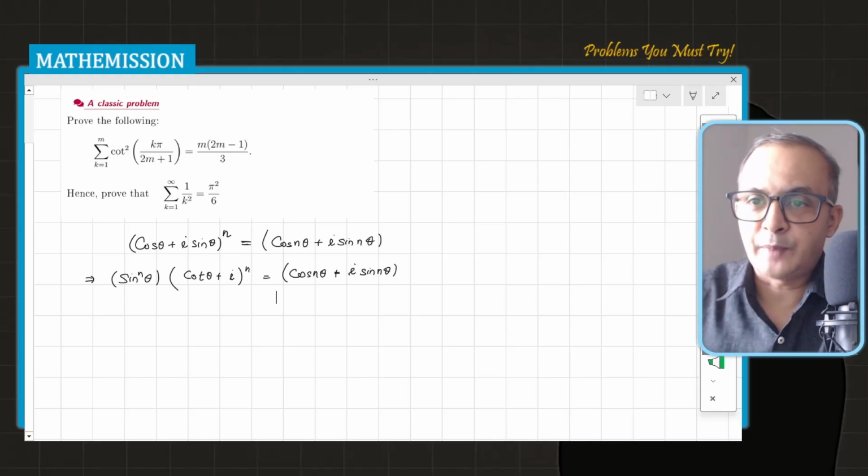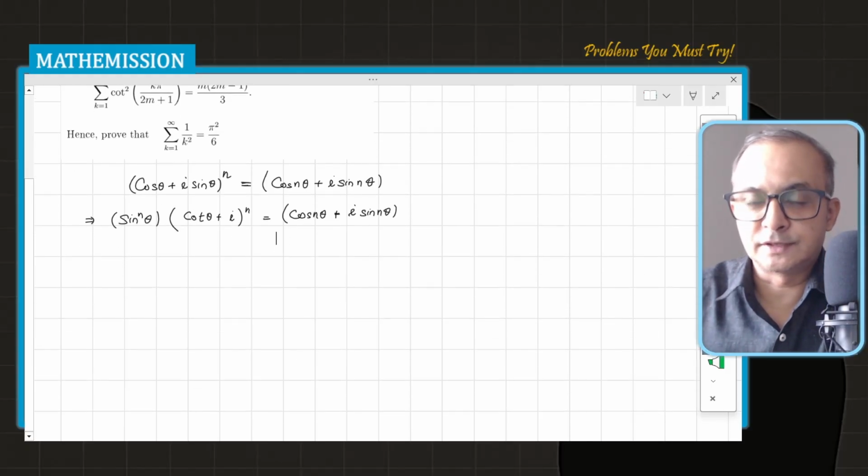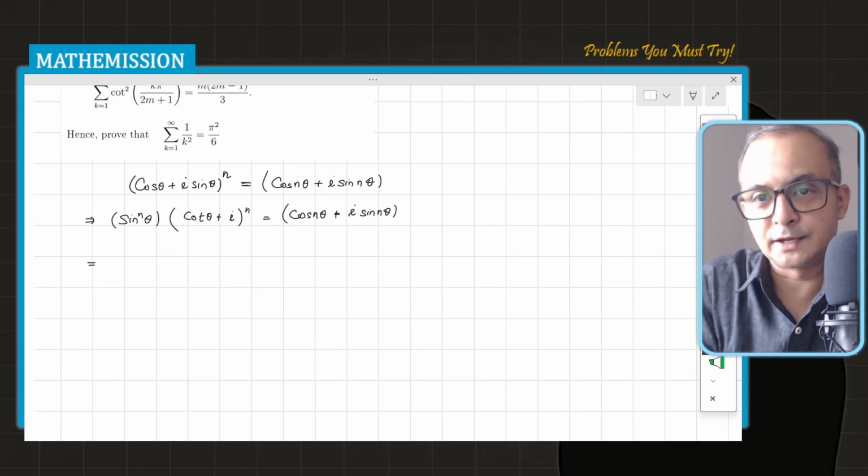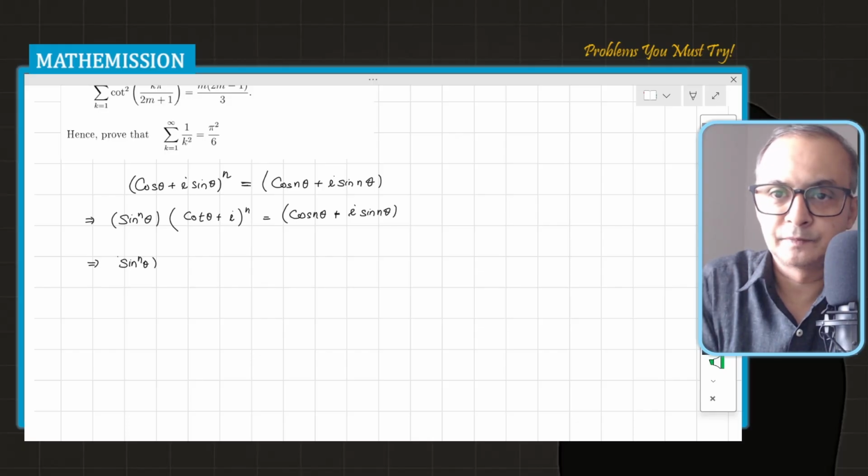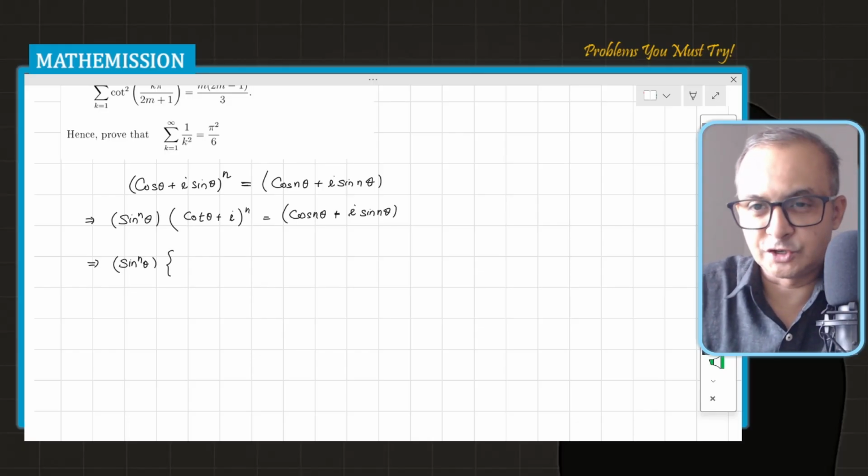Now we expand this second term on the left hand side by using the binomial expansion. What we get is sine to the power n theta, and here I have the expansion.